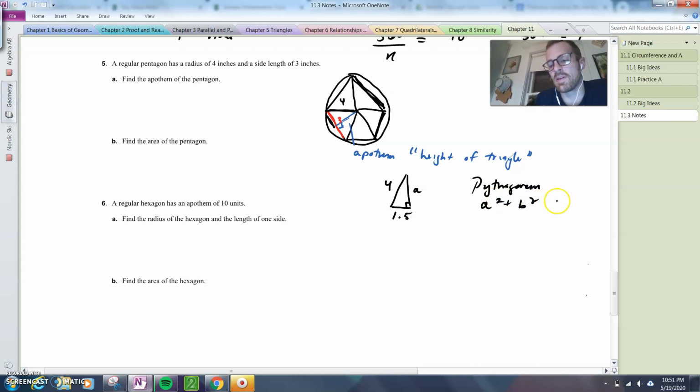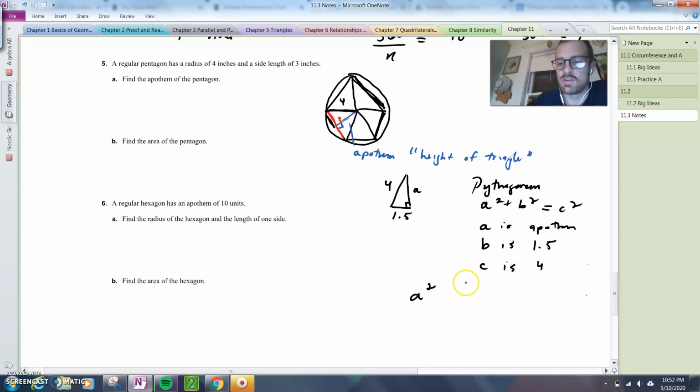In this case, my leg A, let's just have that be the apothem A. So if I'm assigning stuff, the A is going to be my apothem, which I don't know. B is going to be the 1.5, and my C, the hypotenuse, is 4. So I'm going to plug these all into my formula.